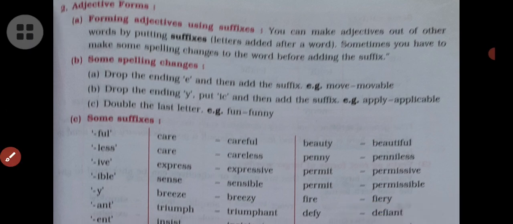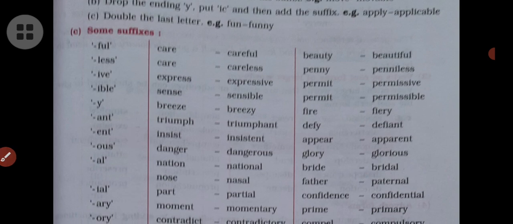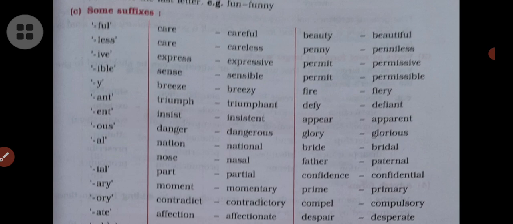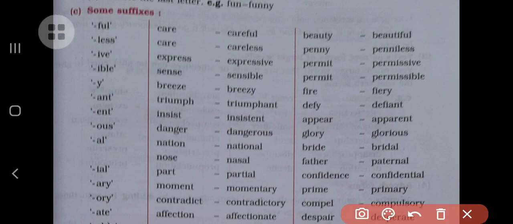Now let's see some other suffixes given here, and how we can convert given words into adjectives. So ful: care, after care if we add ful, then it becomes careful. Beauty, if you add ful, it becomes beautiful. Less: careless, penniless. Express, expressive.